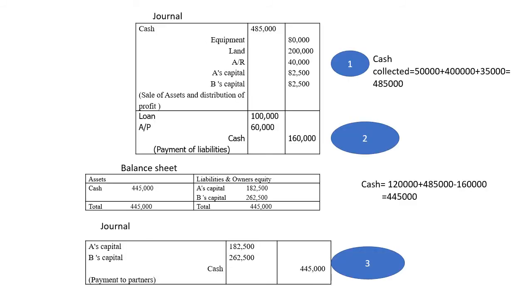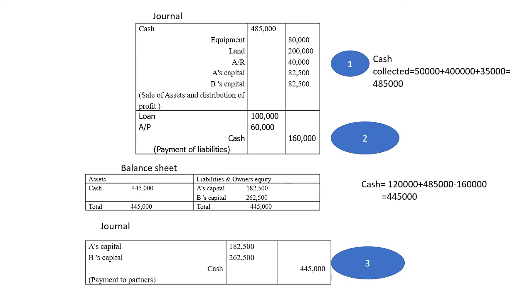You notice the first journal entry in liquidation is about selling the assets and collecting the value in cash. The cash collected is on the debit side. Cash collected was the value of the equipment, 50,000, the value collected for the land, 400,000, and the accounts receivable collected, 35,000.